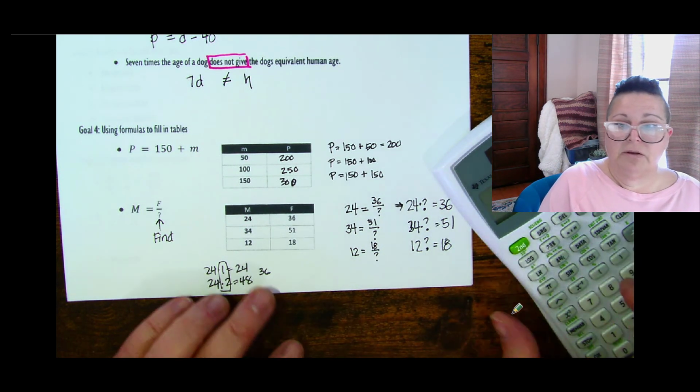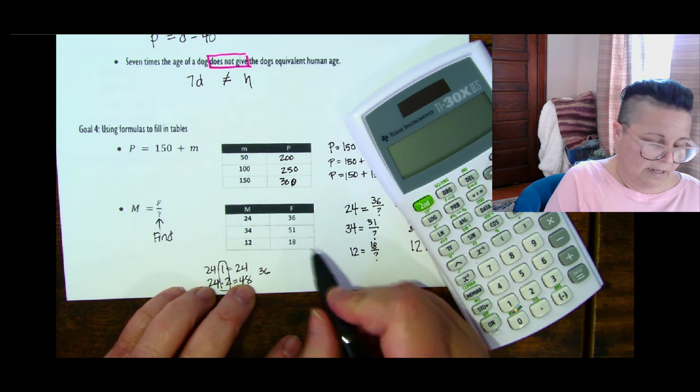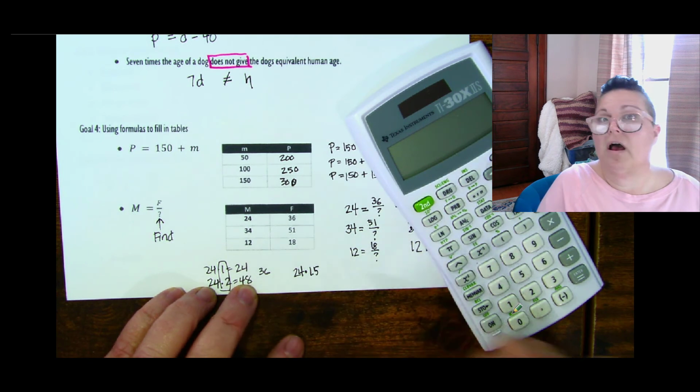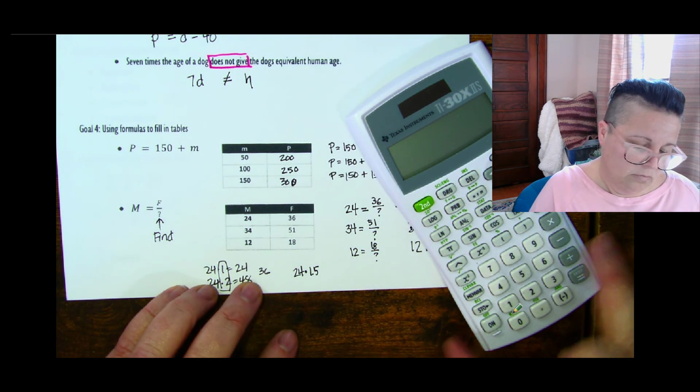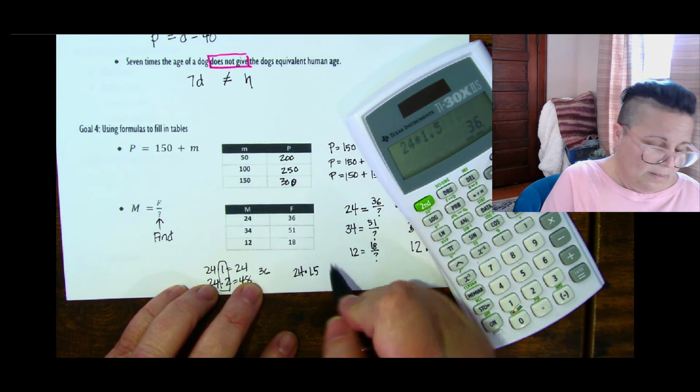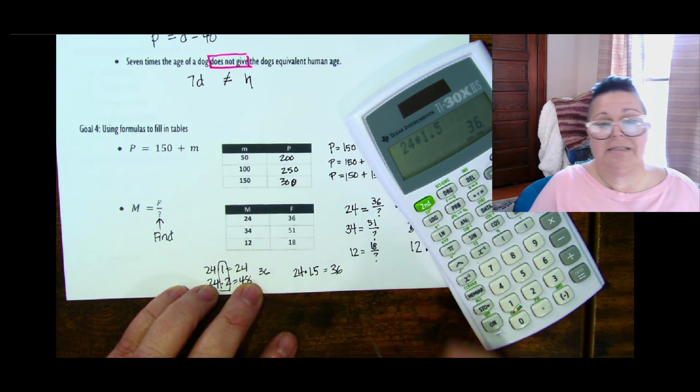To do that, I'm going to grab my calculator over here, and I'm going to do 24 times 1.5. I'm just guessing at this right now. Ooh, and look at that. I do get a 36.